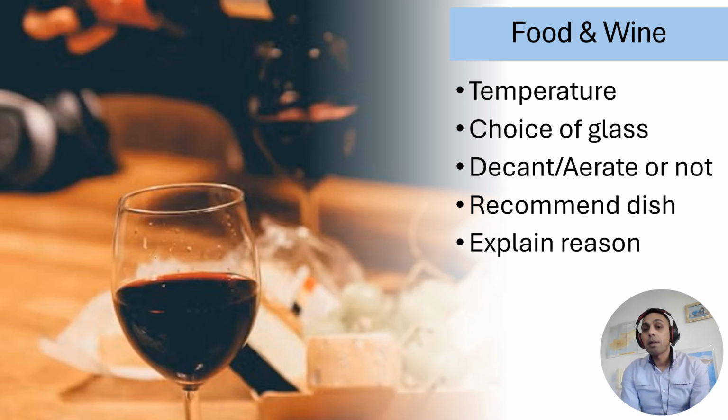If it's a light red wine, for example Pinot Noir, Barbera, Dolcetto, you can serve that slightly chilled, around 15 degrees. If it's a full body one like Tannat, Malbec, or some Cabernet Sauvignons, you can say between 16 and 18 degrees. Then the choice of the glass, of course: you need to mention what glass you'll serve this wine in.